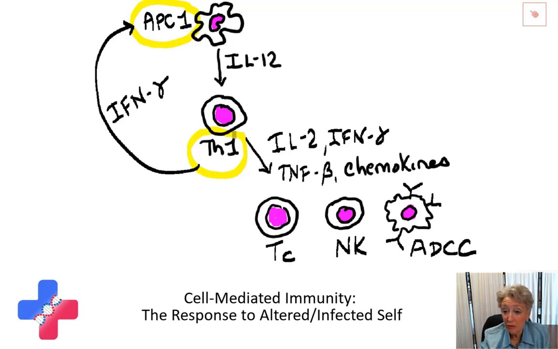Now, this system has evolved over evolutionary time to be the battle point between various microbes and our bodies. So realize that as various microbes achieved the ability to avoid one of these responses, then your immune response answered with another one. And so this has been an ongoing process.